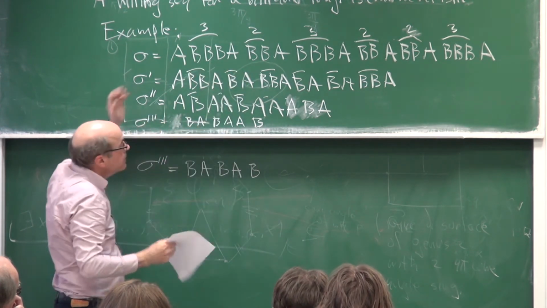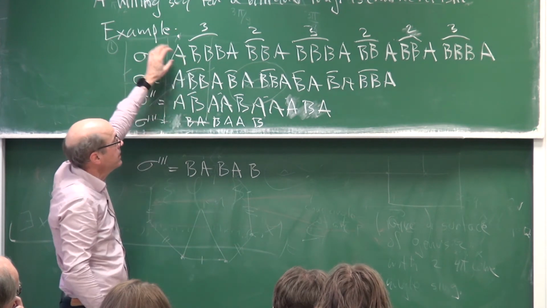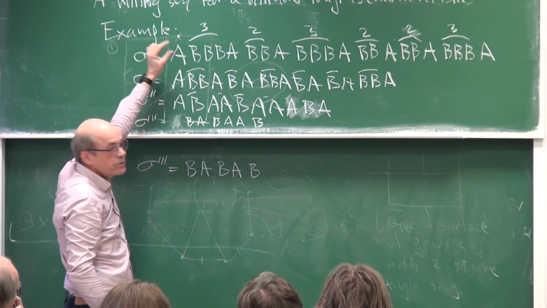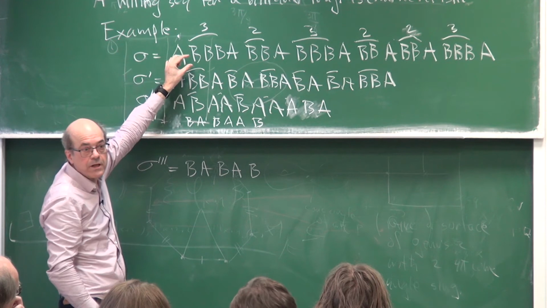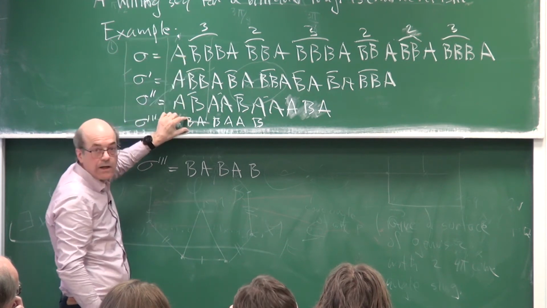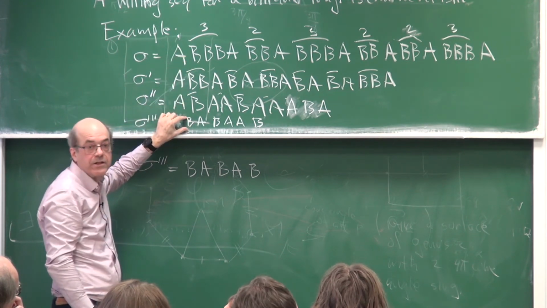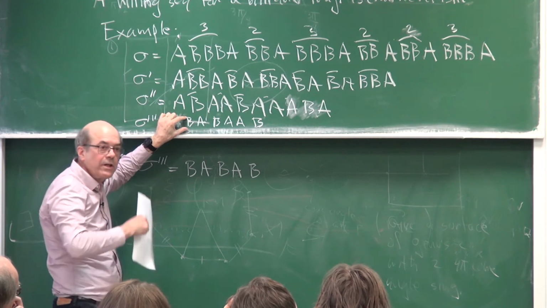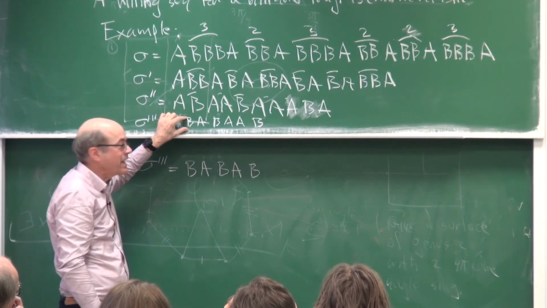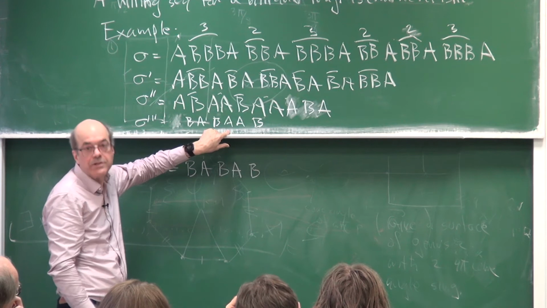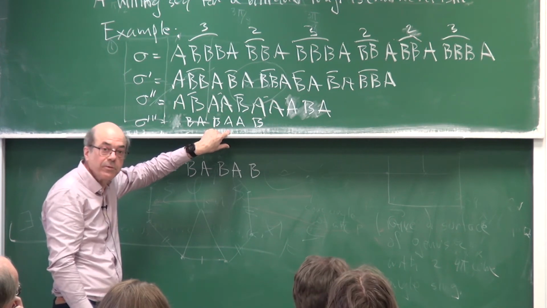So the deal here is that in our initial sequence, there are groups of B's of 2 sizes, and those 2 sizes are just determined by this sequence of A's and B's. So the sequence of sizes has to be an admissible sequence, okay?